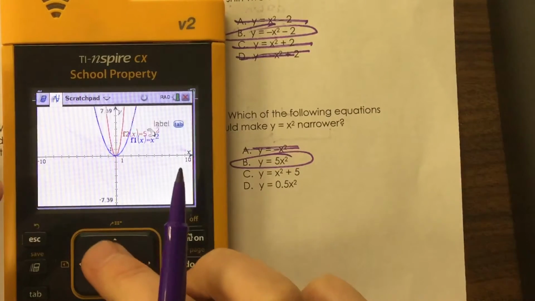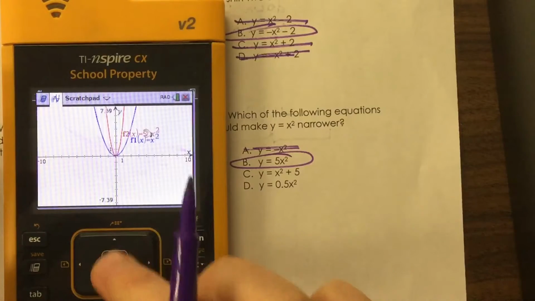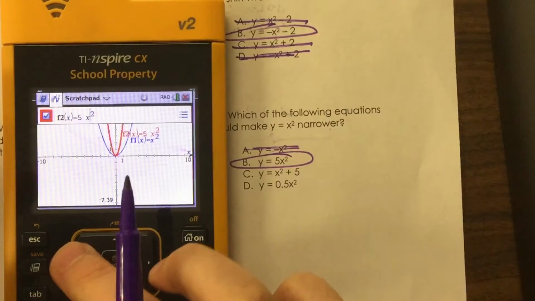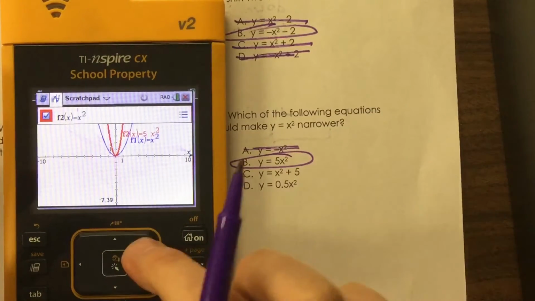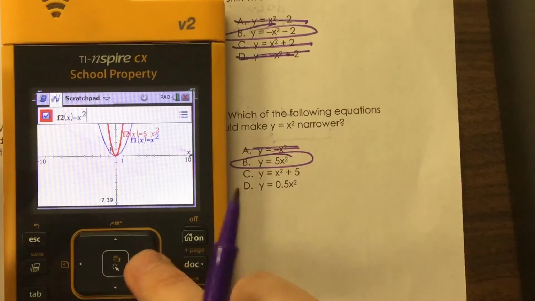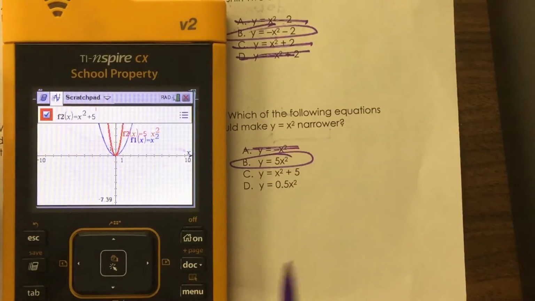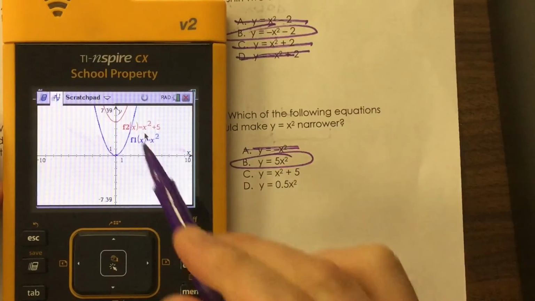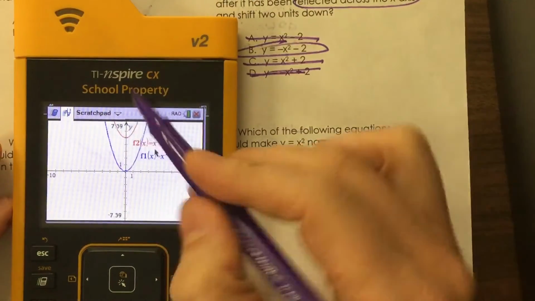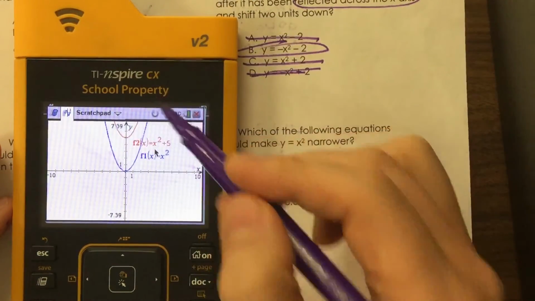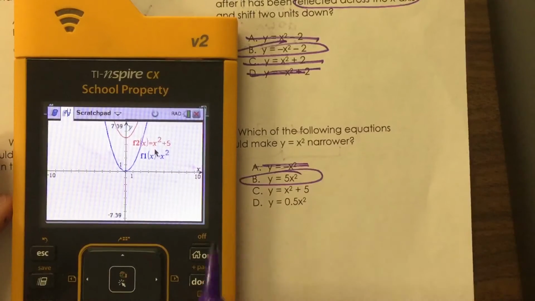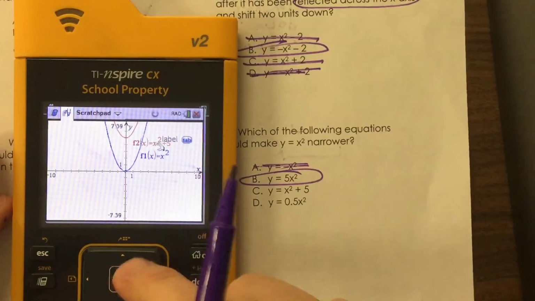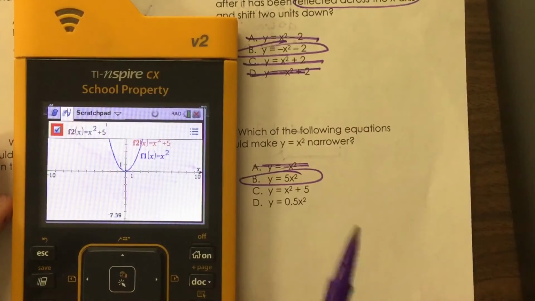I'm going to get rid of that 5, and I'm going to put a plus 5 on the end instead. That just makes the whole thing move up 5. It looks like it got narrower, but there's just less on the screen showing, so it did not get narrower. Lastly, if I make it a 0.5, it's going to make it wider.